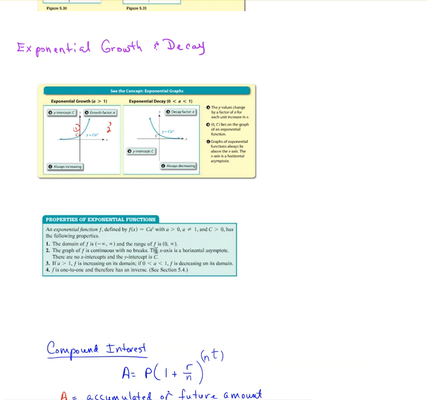The y-intercept is that c value. And for this one, if a is positive, you're going to increase there. If it's between 0 and 1, in other words, if it's a fraction, it's going to be decreasing on its domain.